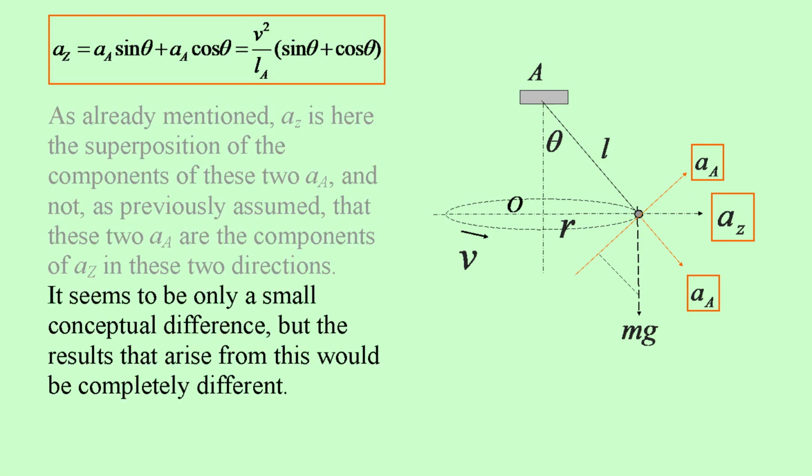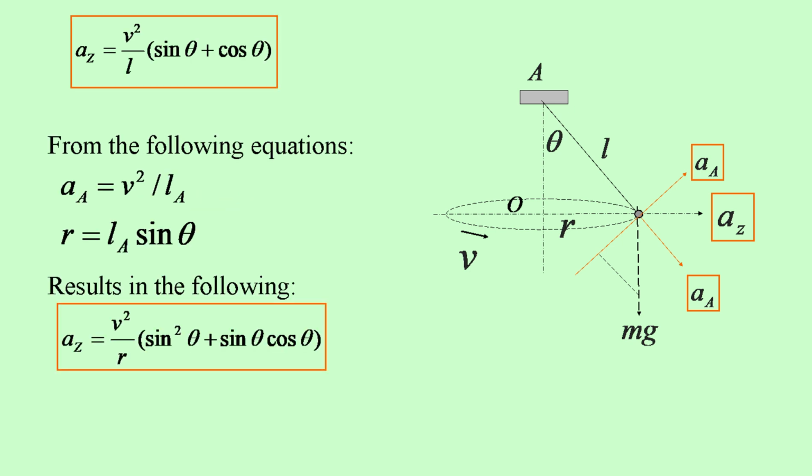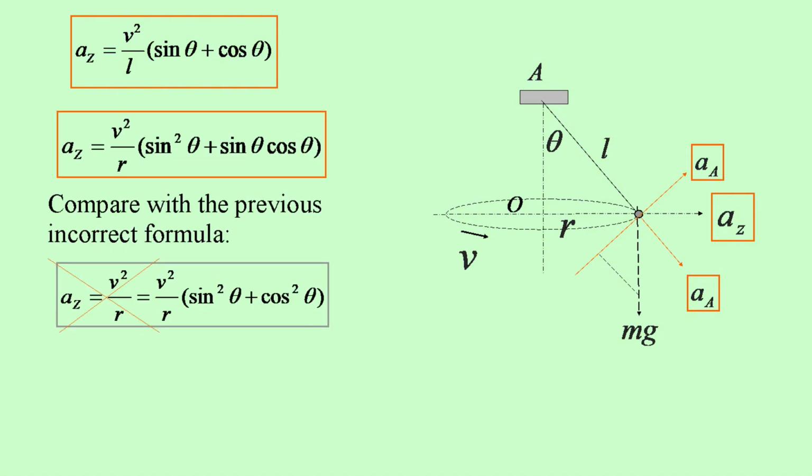It seems to be only a small conceptual difference, but the results that arise from this would be completely different. So the correct answer is as shown. From the following equations, results the following. Compare with the previous incorrect formula.